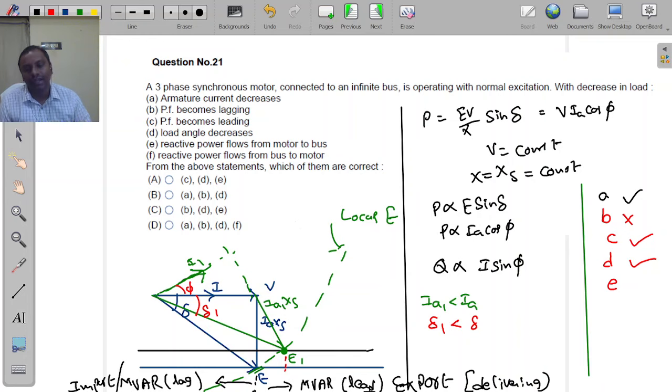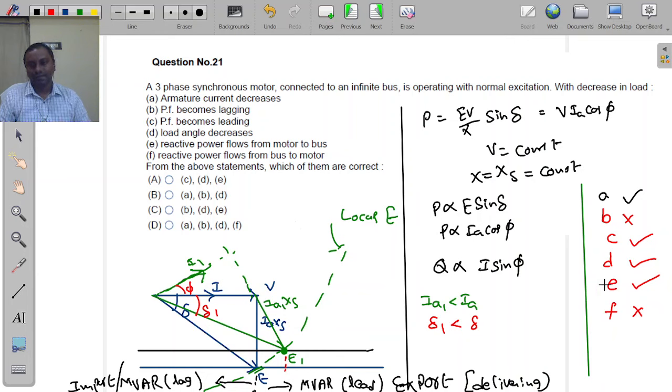MVAR leading, and in leading operation the synchronous motor will export or deliver, meaning the motor delivers the reactive power to the bus. So option E is correct. Reactive power flow from bus to the motor, option F, is wrong.